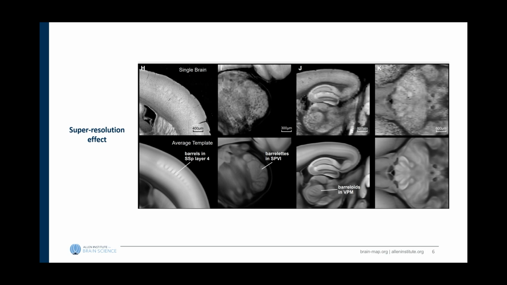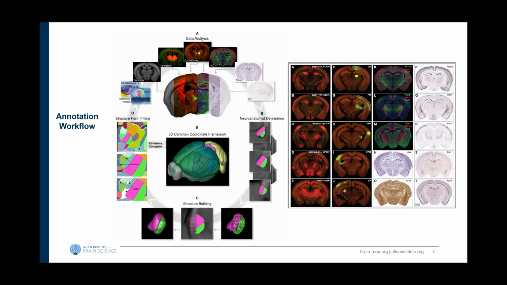So we were starting to be able to see things that you couldn't easily see on a single brain. We were able to see the barrels of the cortex, the barrelets in the brainstem area, and also the barreloids in the thalamus. So when we saw this, it was like, okay, this is worth the effort to do a big annotation project on.